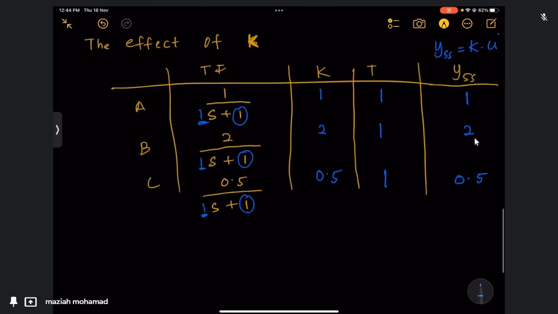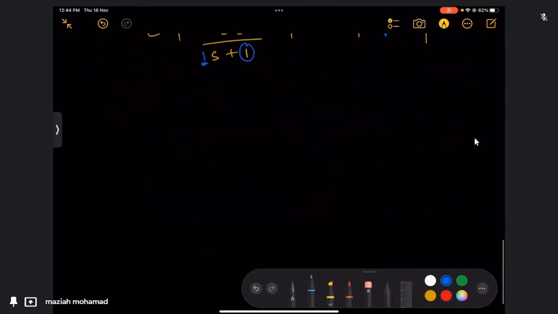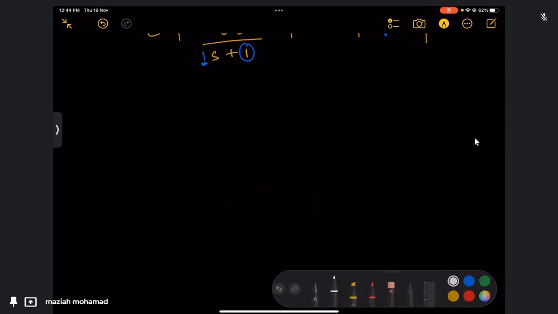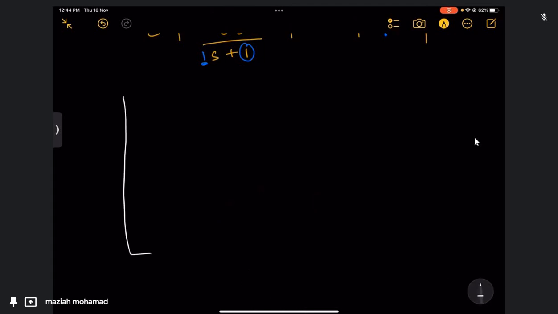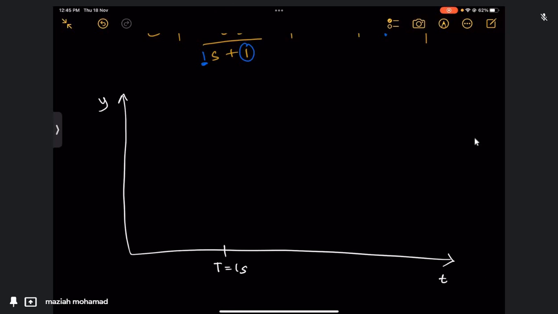All right, so let's plot the system. This is time constant T equal to 1 second. This is T, this is Y. Then let's say this is 1, this is 0.5, this is 2.